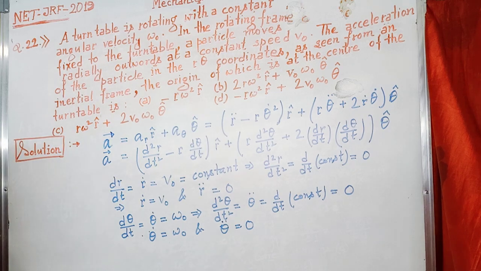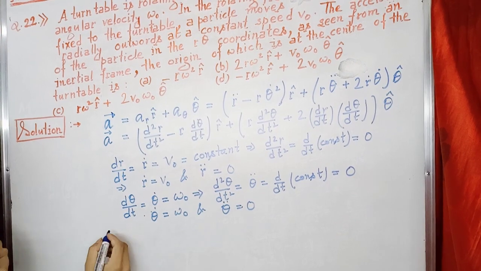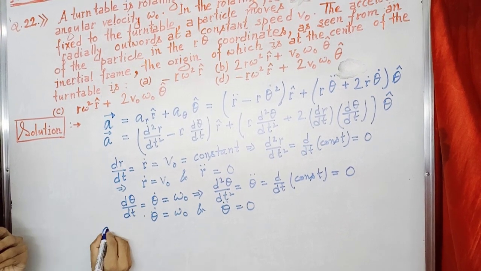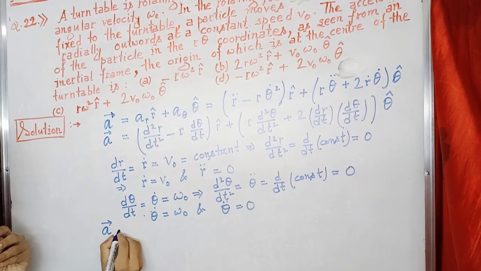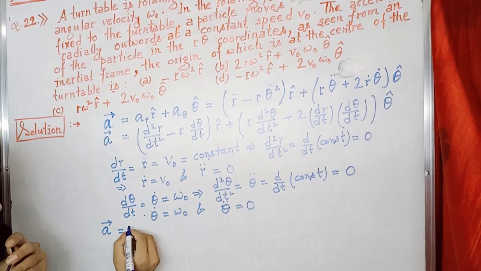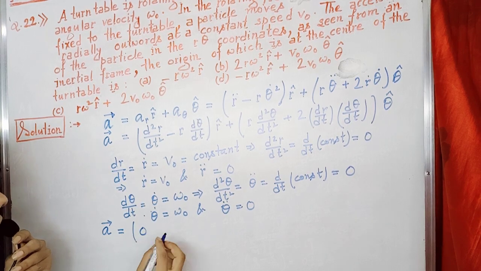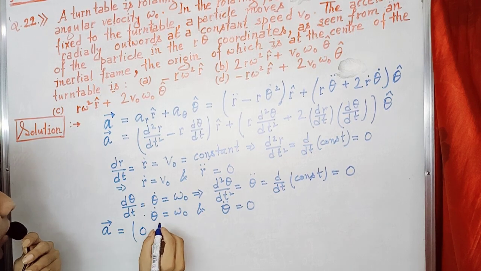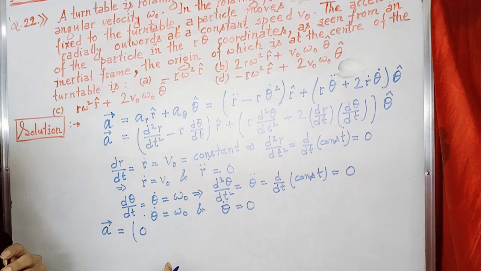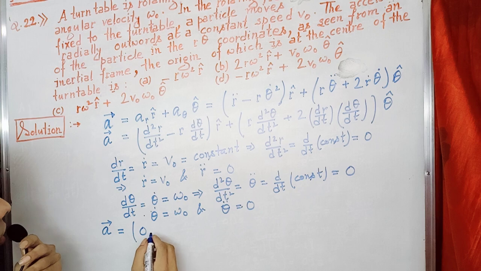Now we'll substitute the value of these expressions into our acceleration term. So if we substitute these terms, our acceleration will become: instead of r double dot we replace 0, and instead of theta dot we replace omega naught.